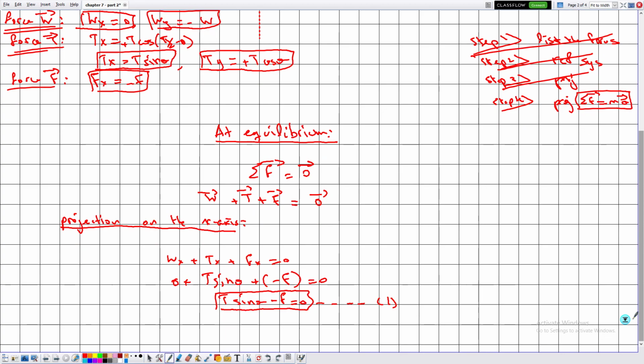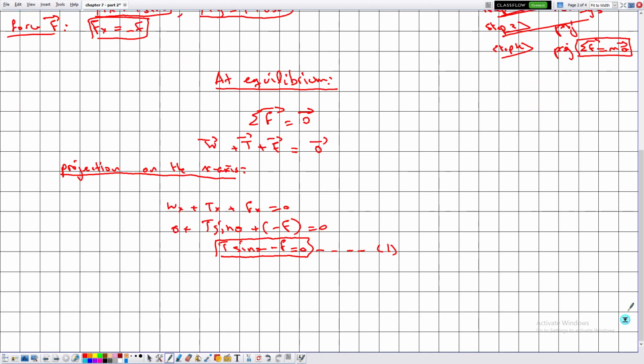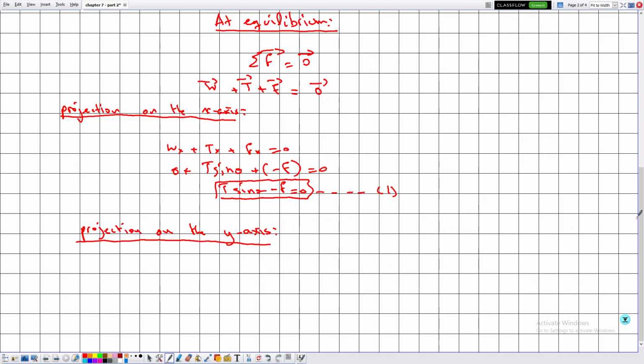Now we need to project on the y-axis. The projection on the y-axis is given by dropping down the vector quantities, and each vector quantity will carry the label y. So here we have Wy plus Ty plus Fy is equal to 0.